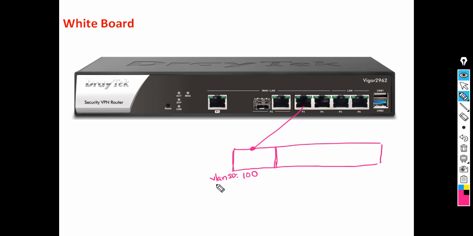The advantage is that whoever connects into this VLAN is going to get the IP address from VLAN number 100. So port number 3 belongs to VLAN number 100 and you configure the subnet as 192.168.100.0 network and you enable the DHCP and DNS so that whoever is in VLAN number 100 is going to get the IP address from this subnet and from the DHCP and DNS.